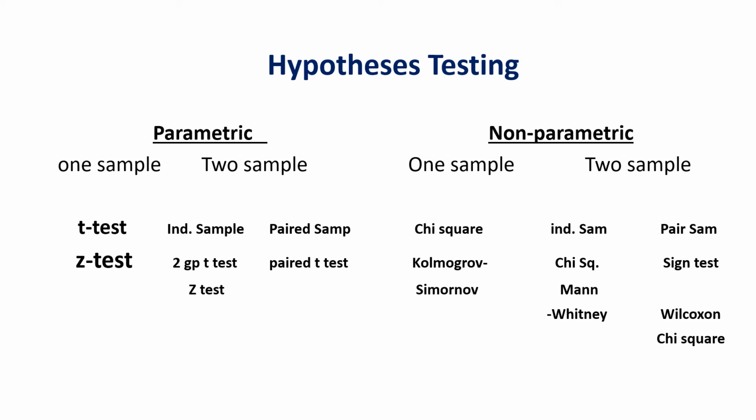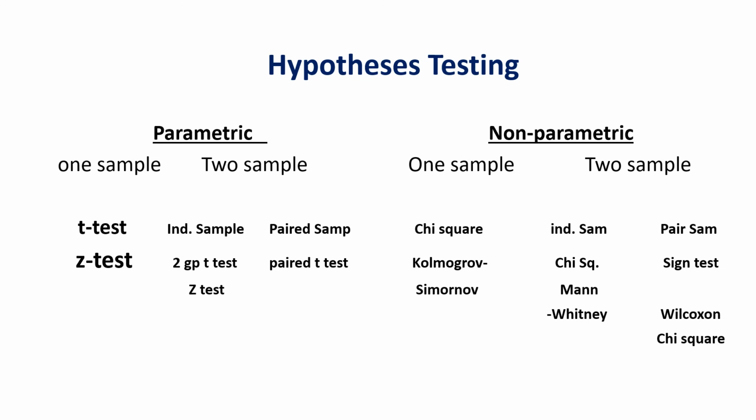And paired sample means two samples, but it is a pre-test post-test type condition. For example, we take a pre-test from a group of students. We apply a teaching technique. We take a pre-test from them before applying the teaching technique.